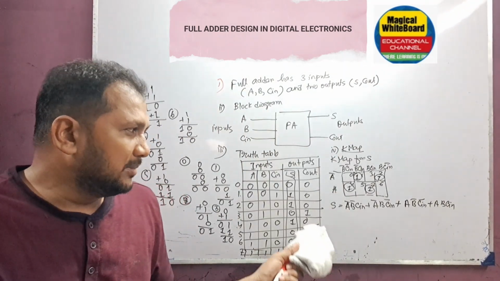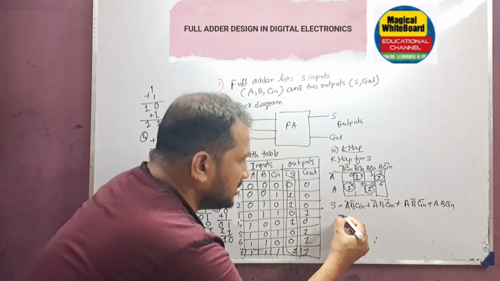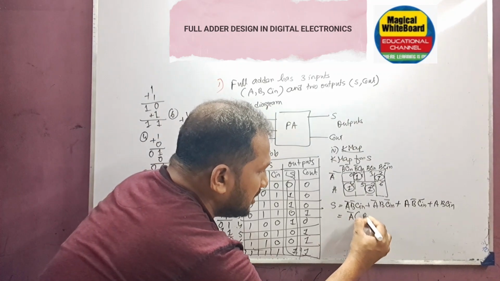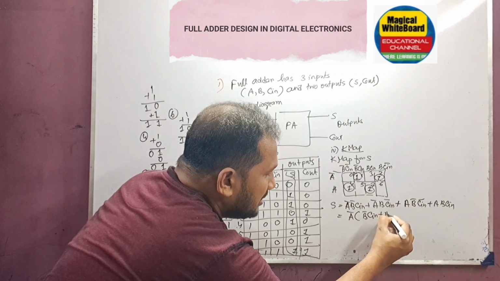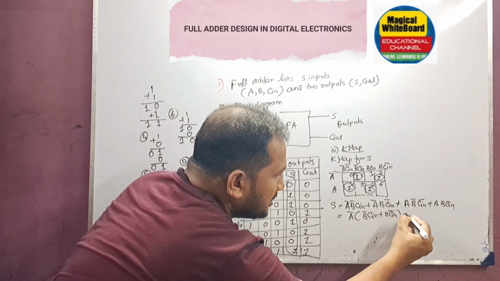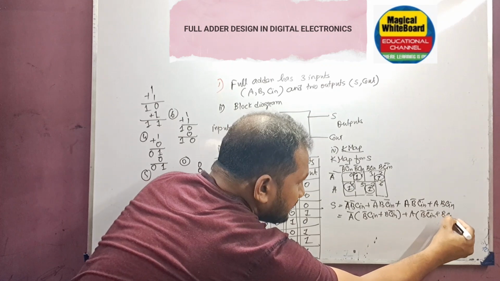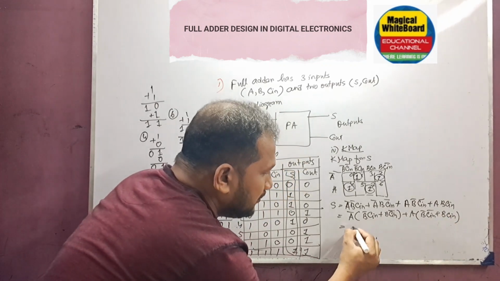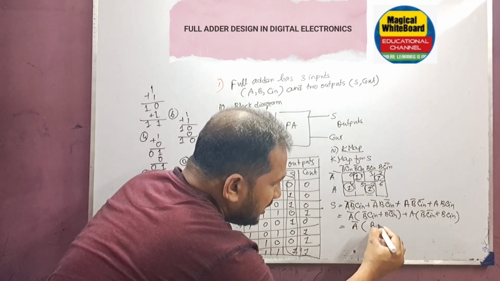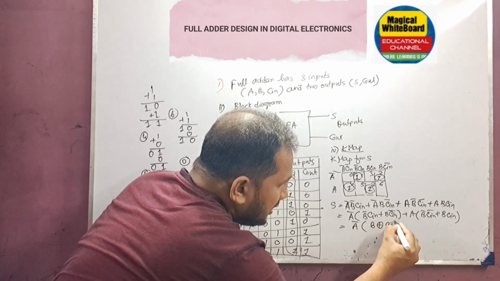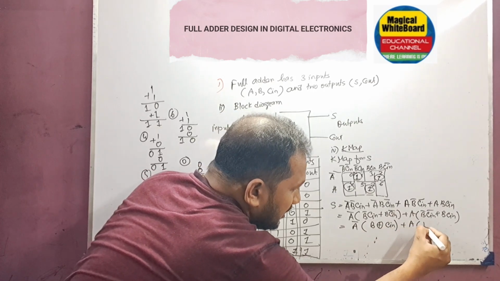Now we can minimize this expression by taking some common terms. A'(B'Cin + BCin') plus A(B'Cin' + BCin). Now this is the expression for XOR gate, B XOR Cin, and this is the expression for XNOR gate.